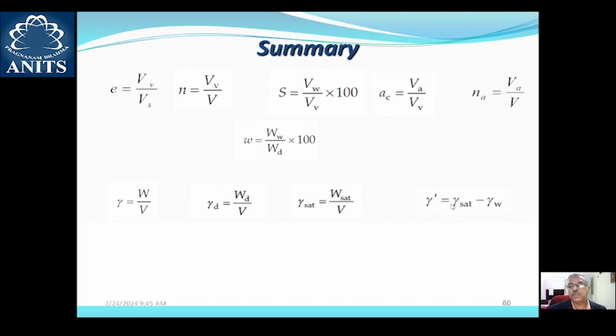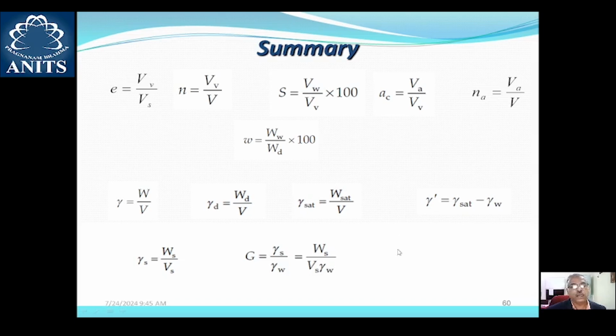As we have seen, the submerged unit weight is the difference between the saturated unit weight and the density of water. And another important physical property is the unit weight of soil solids, where only the solid particles are considered in both numerator and denominator. So unit weight of soil solids is defined as the ratio of the weight of solid particles to the volume of solid particles.